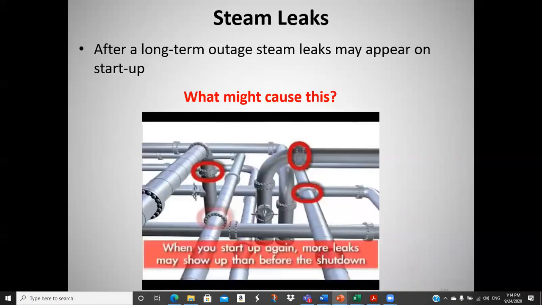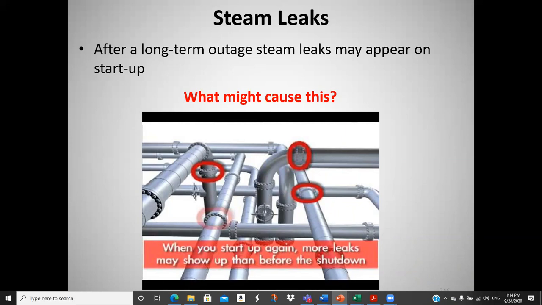Okay, some other stuff. Systems get taken down for maintenance or an outage. A lot of times the steam system, the boilers are shut off, opened up, stuff done. All the pipes, everything cools down, and then it may sit there for a week or 2 weeks, and then they heat it up and bring it back up.